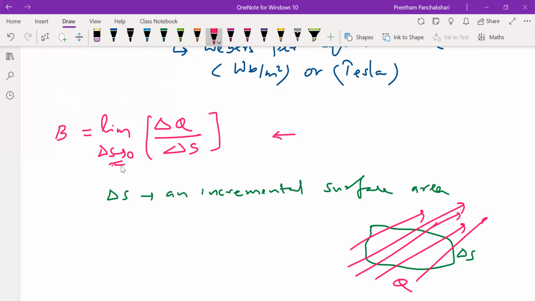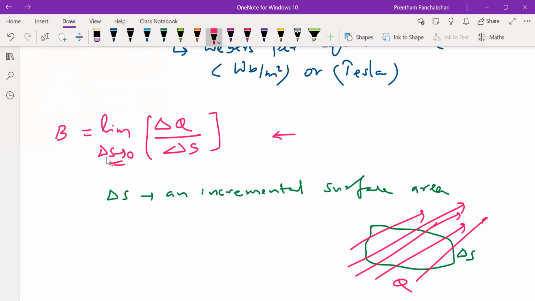The limiting case is to be considered while defining B. So the flux density B is defined at a particular point rather than a complete surface area. If you take a considerably large surface, then B may vary from point to point. The flux may not be uniformly distributed throughout the surface, so it is advisable to define flux density at a particular point. This is implemented using the limit delta S tends to 0.